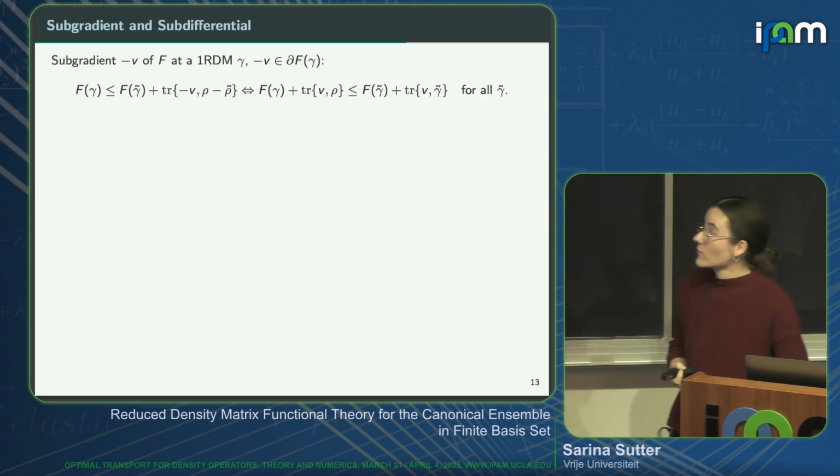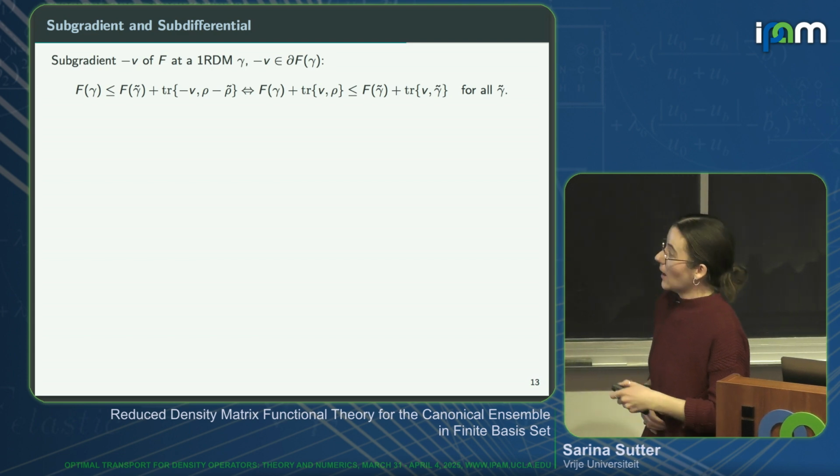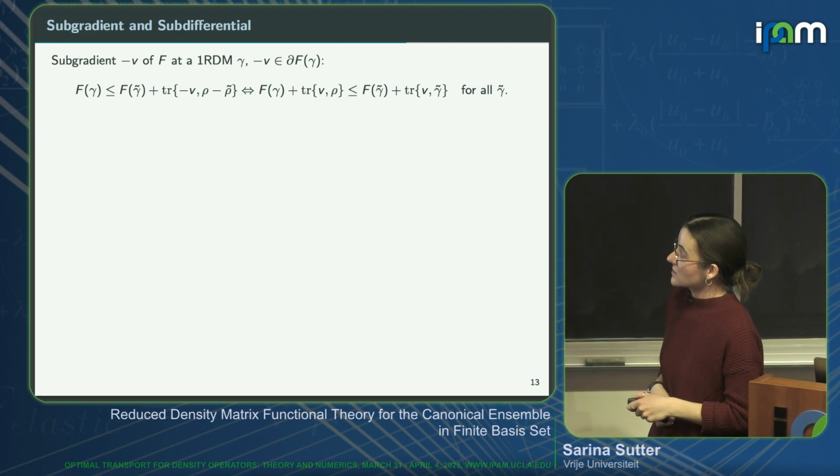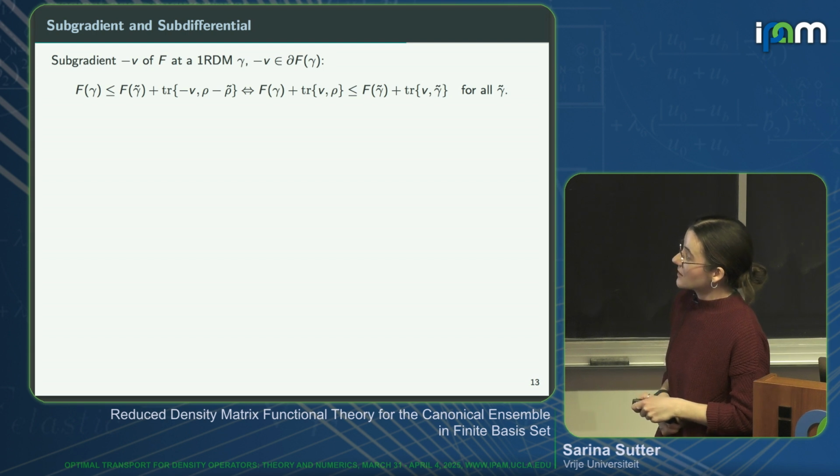Now if we assume that we have an element of the subdifferential, minus v, of our universal functional at a certain 1-RDM, this is just the definition of it. This means minus v is a subgradient for our 1-RDM gamma.